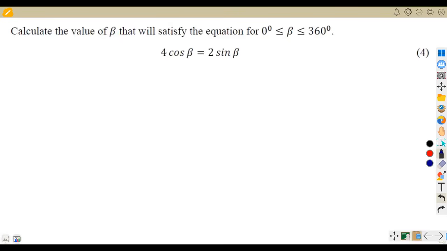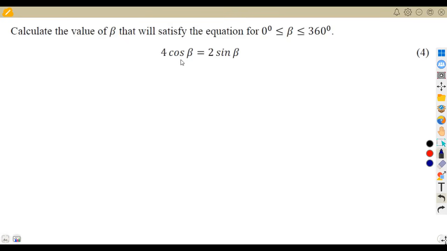It's a matter of a play around type of a question that you'll be using. This one, we are given again to find beta, but this time there are two trig ratios. We've got cos, we've got sine. Whenever there's a cos and sine, whatever trig that you have, try to write it as a single trig again.